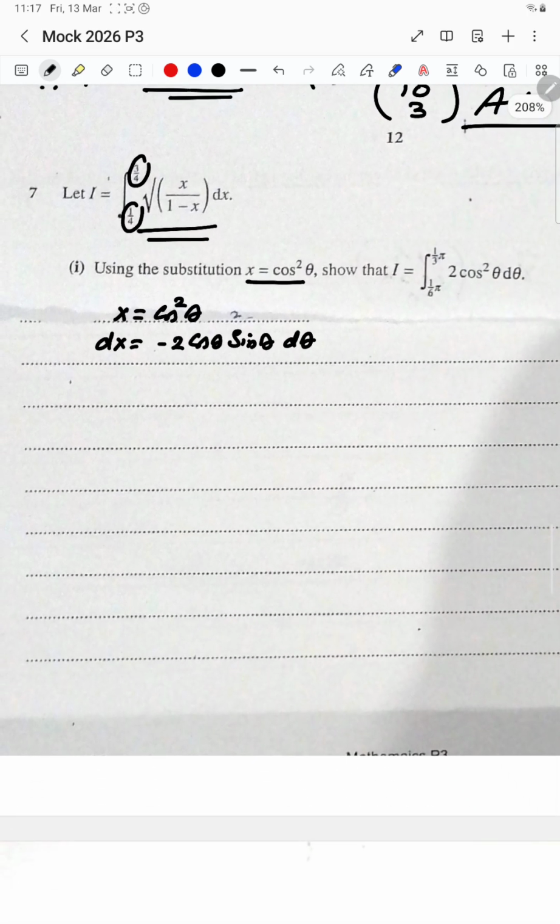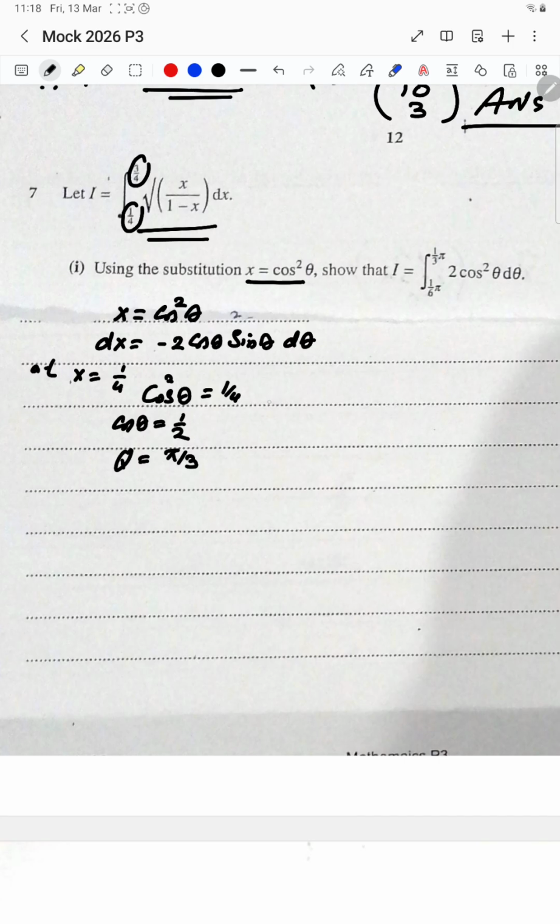So at x is equal to 1 by 4, cos square theta is 1 by 4. So it means cos of theta is 1 by 2. So theta will be cos inverse of 1 by 2, that will become pi by 3.